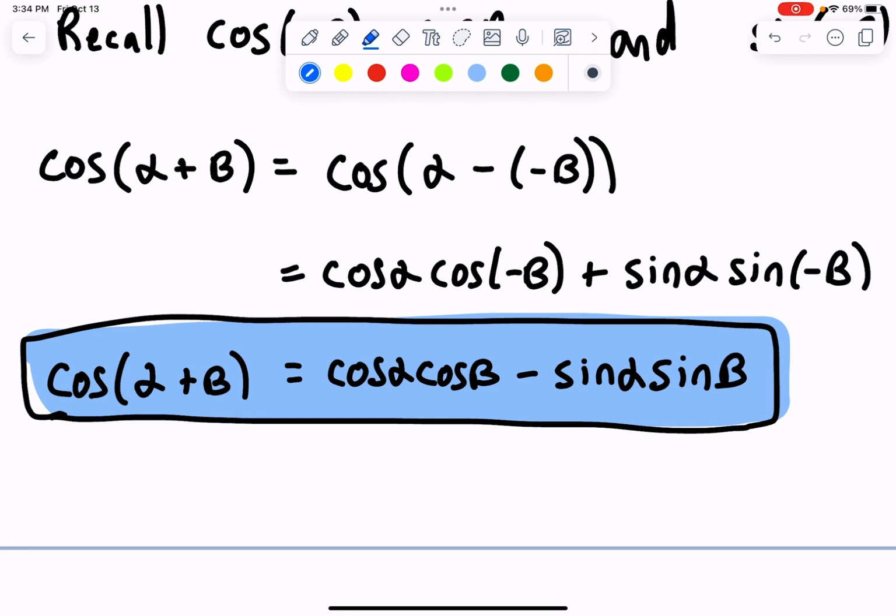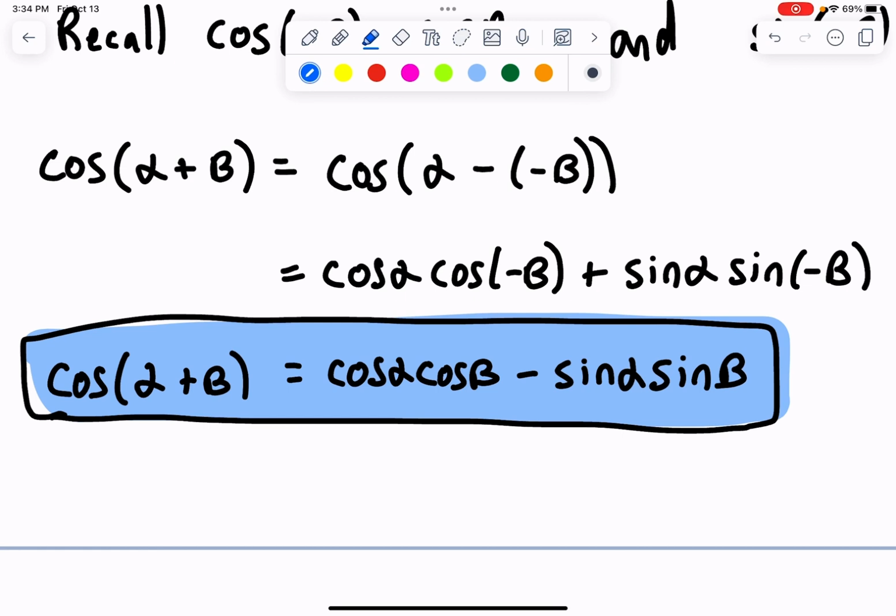Or we could compute, say we wanted to compute cosine of 105. Now 105 has a 75 degree reference angle. Fortunately, we don't know cosine of 75, but we could do 105 as 60 plus 45 and use this formula. So that's our identity for cosine.